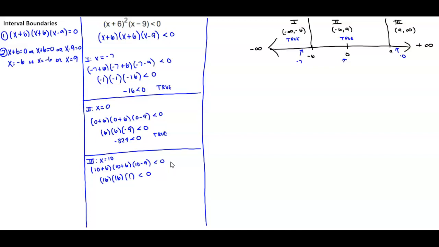So we multiply 16 times 16, which gives us 256. Is 256 less than 0? The answer is false. So it's false for region number 3. So where did we find that it's true? It's true in region number 1, and it's true for region number 2.